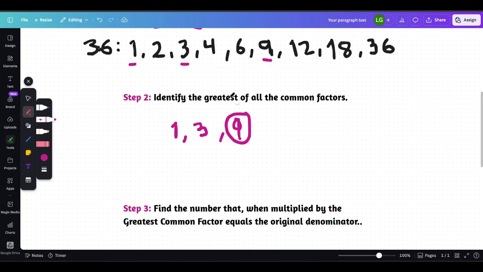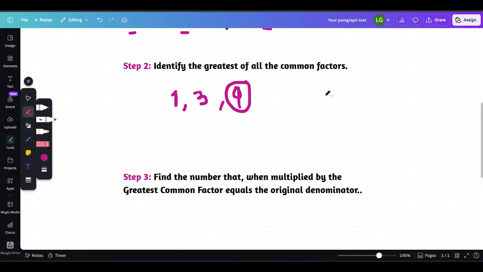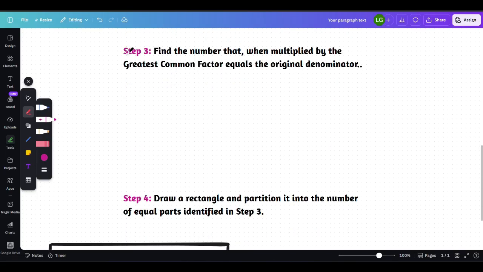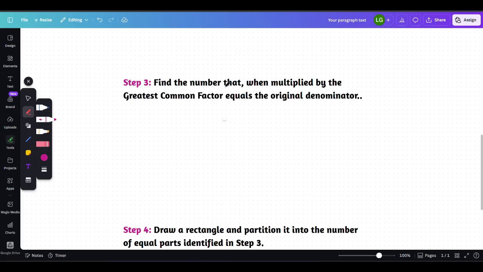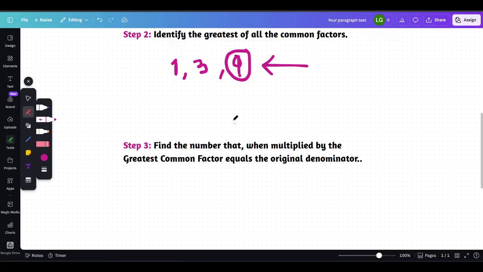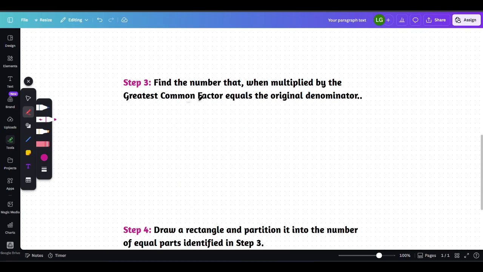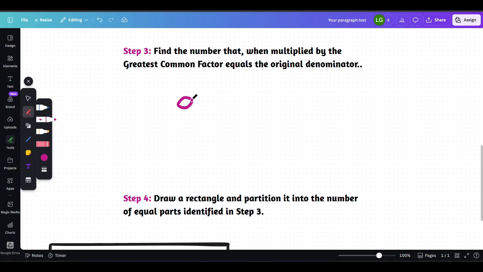This is going to be one of the crucial steps in how to simplify a fraction. Now step 3, we have to find a number that when multiplied by the greatest common factor equals the original denominator. Remember, our denominator is 36. So basically, we have to multiply our greatest common factor by a certain number that we don't know yet, and that's going to be equal to 36.